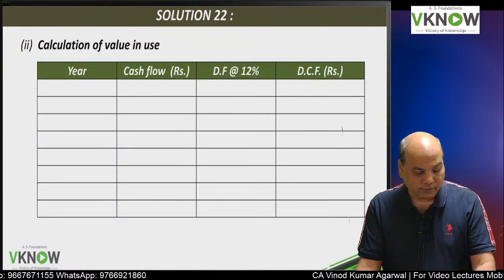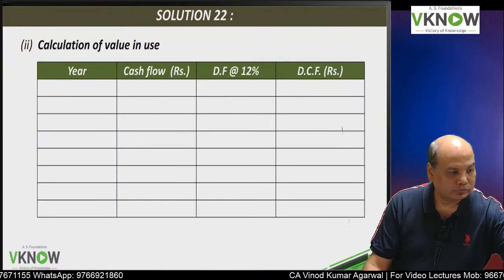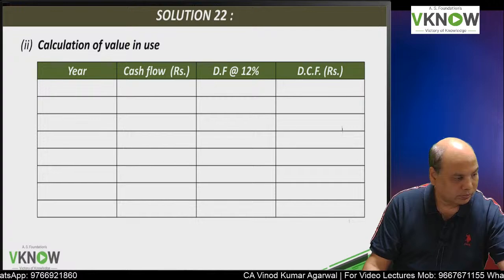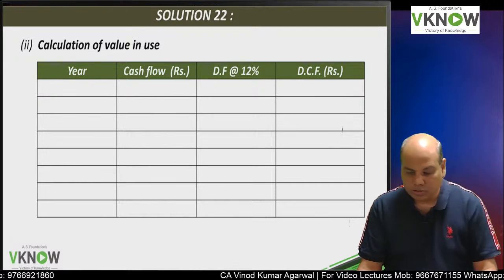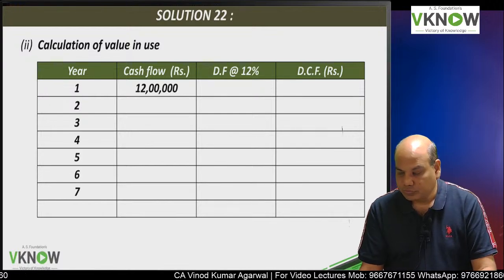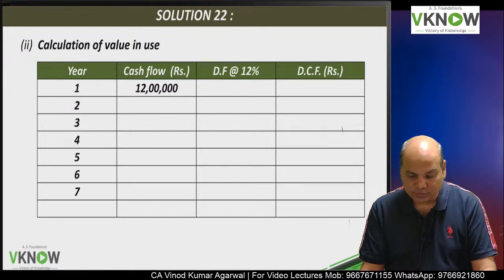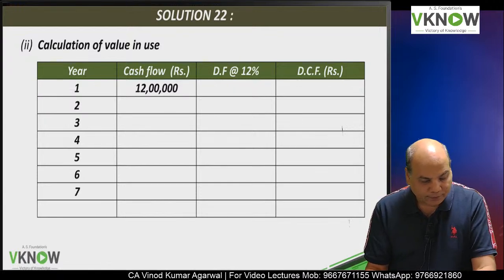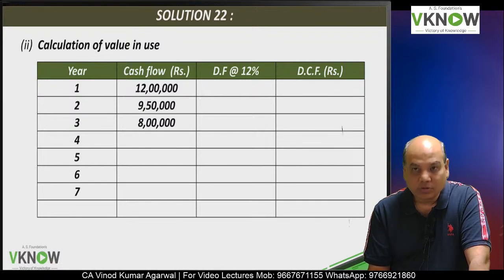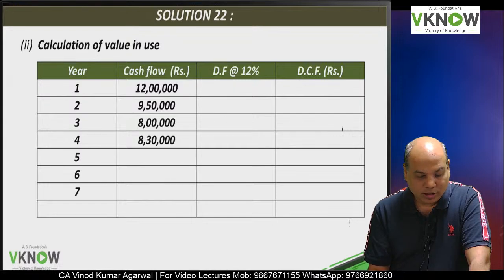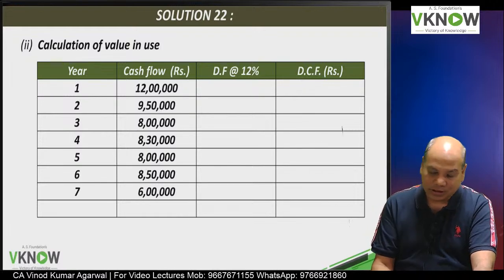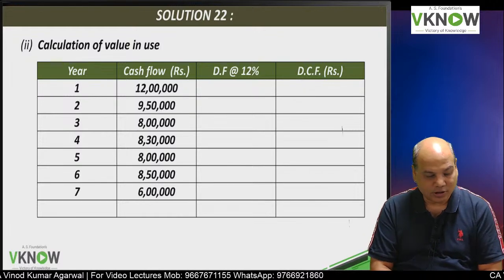Step number 2 is value in use. So how do I compute value in use? There are 7 years: 1, 2, 3, 4, 5, 6, 7. Read the 4th and the 5th line. Cash flows are given: 12 lakh, 9 lakh 50,000, 8 lakh, 8 lakh 30,000, again 8 lakh, 8 lakh 50,000, and 6 lakh.